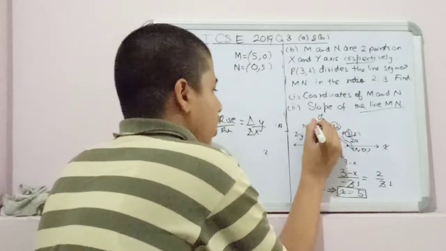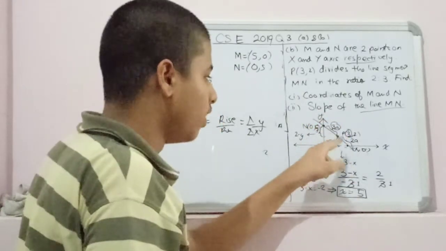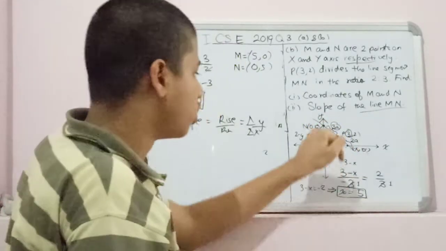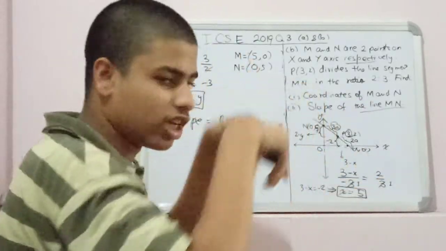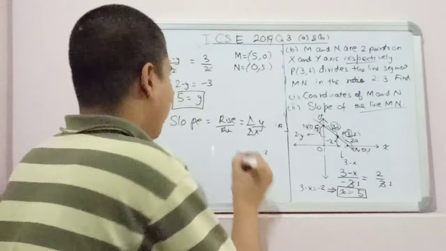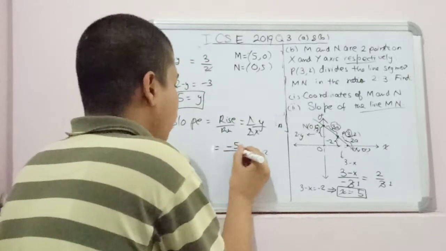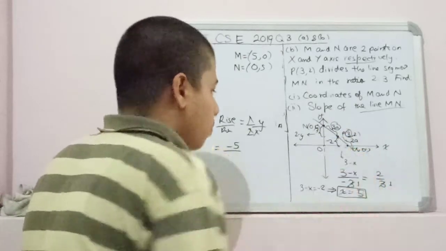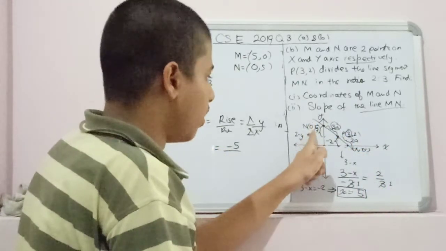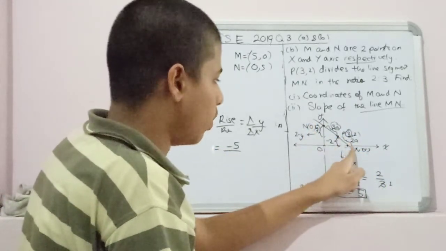First you were at 5, then you went to 0, so the change in y is -5 because you went down by 5. What's the change in x? When you go from N to M, you are going from x equals 0 to x equals 5.